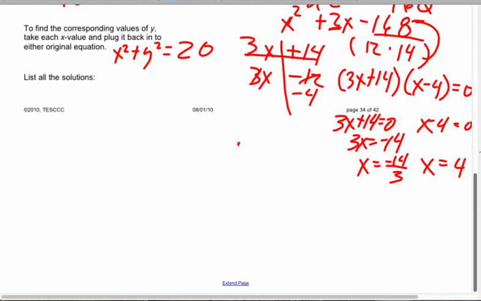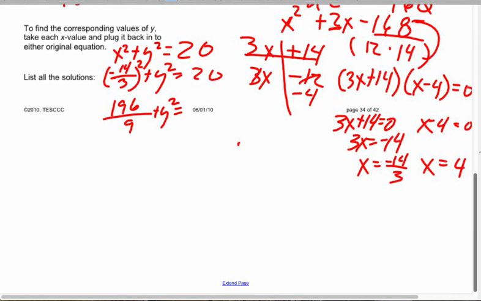And then I plugged them back in, so I'm going to have negative 14 thirds squared plus y squared equals 20. That's going to give me 196 over 9, squaring both of them, plus y squared equals, and this is 180 over 9. Screwed up somewhere or other. No, I didn't.